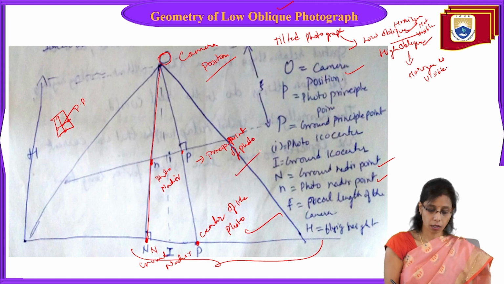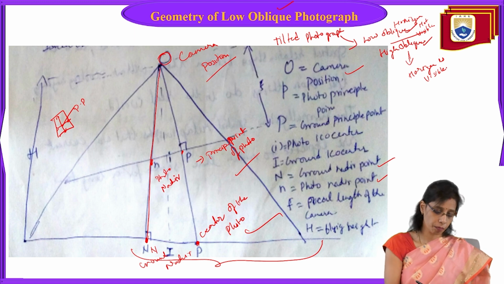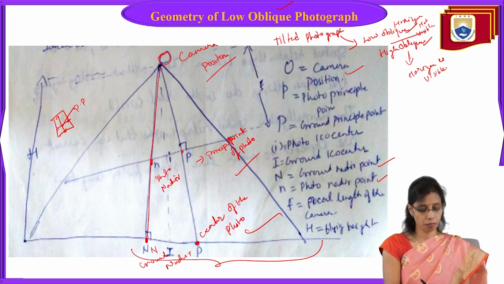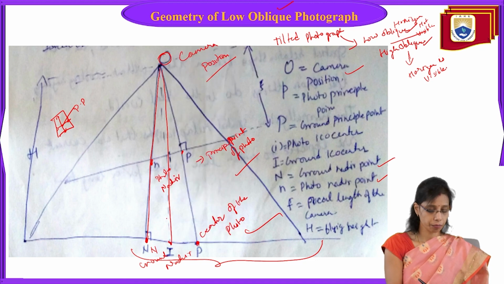Okay, and now what is isocenter? I hope you remember what is isocenter. Isocenter is the point on the line which passes from the camera position to the ground, between the nadir point and the principal point. So this point is called the isocenter.